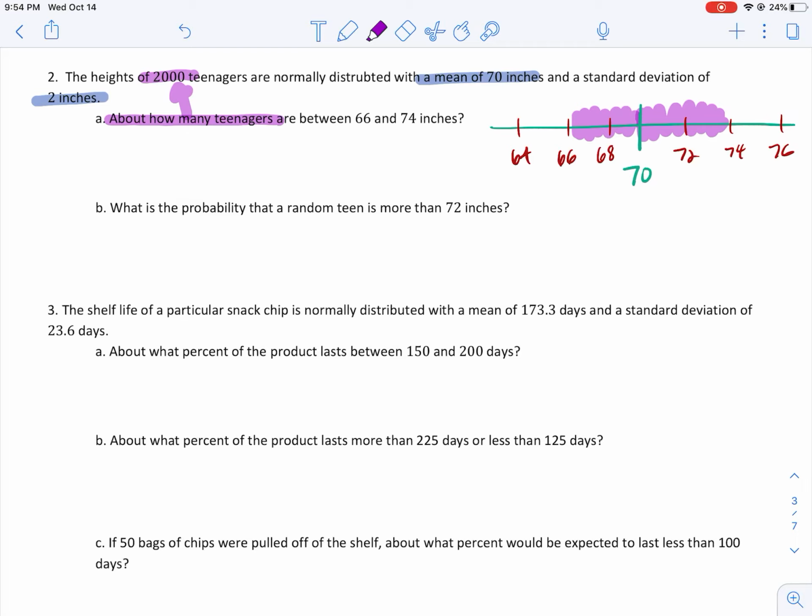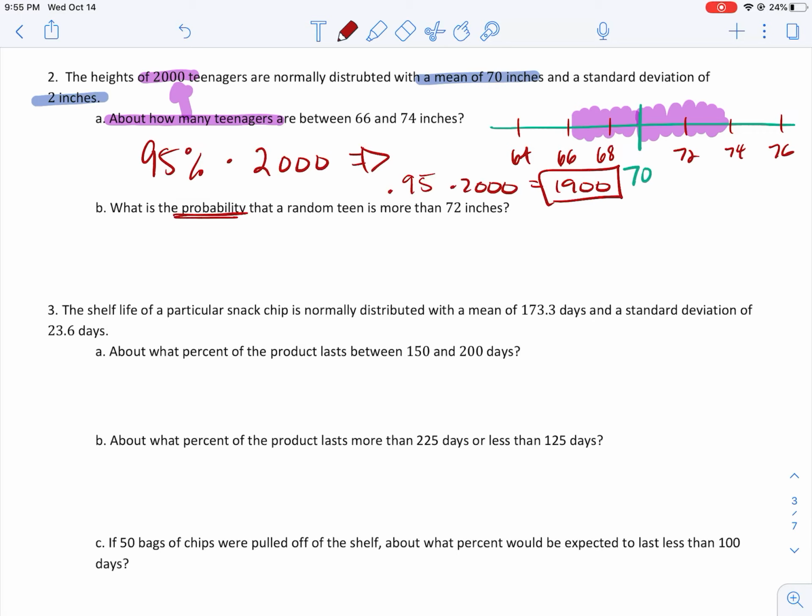Remember, 2 lines out. The empirical rule states that that's 95%. So in this case, I would do 95% times 2,000. And you need to make sure that you change 95% to a decimal. So that becomes 0.95 times 2,000, which is 1,900.